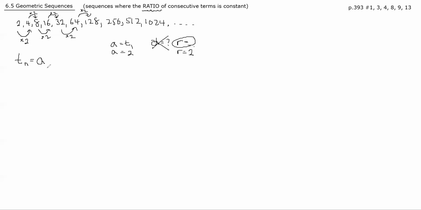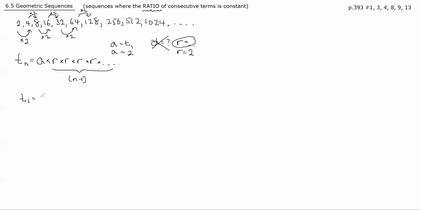We start with the first number and we are multiplying it by the ratio, multiplying it by the ratio, multiplying it by the ratio. And we continue to multiply it how many times? One less than the actual term number. Shall I give you an example?